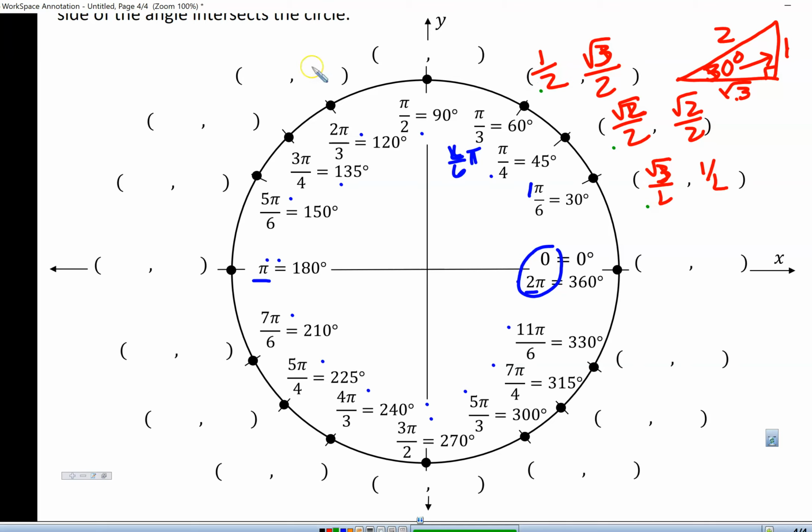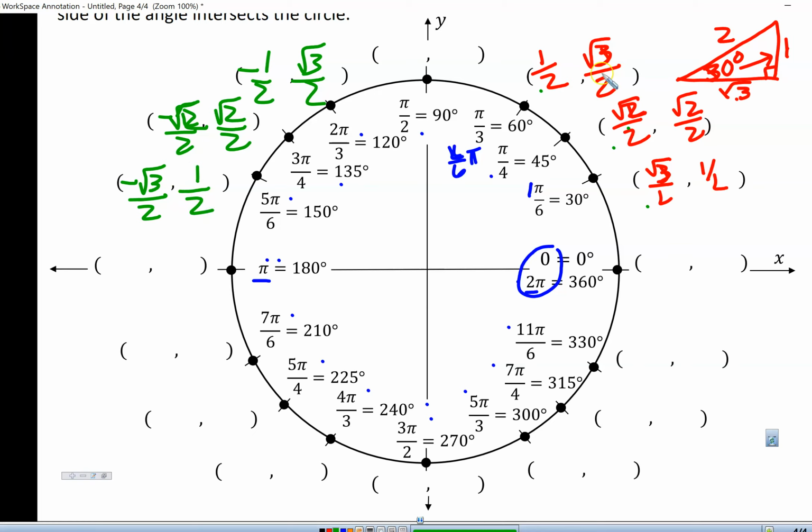So this one goes straight across, and this is -1/2, positive √3/2. This one goes straight across. We have negative √2/2, positive √2/2. This one goes straight across, reflects. Now we have negative √3/2, comma, 1/2.